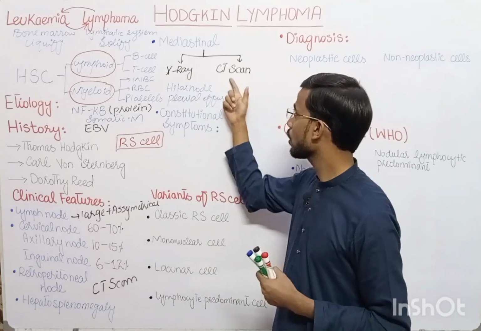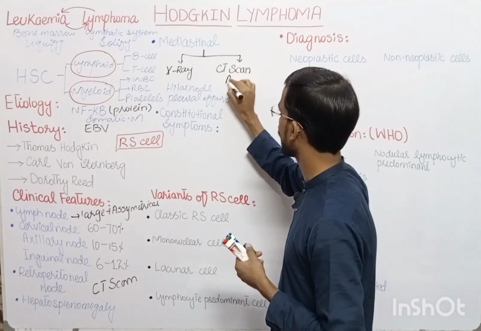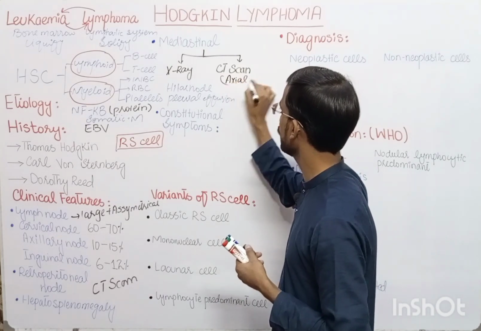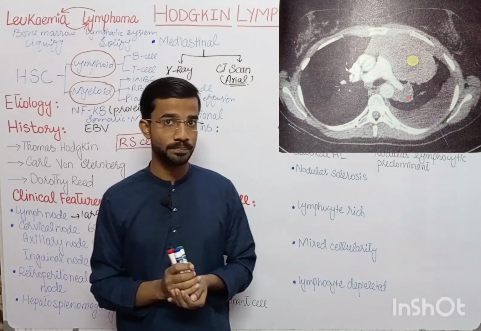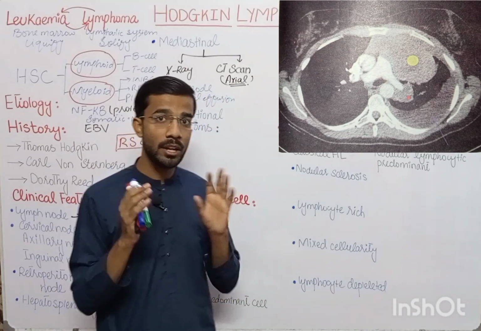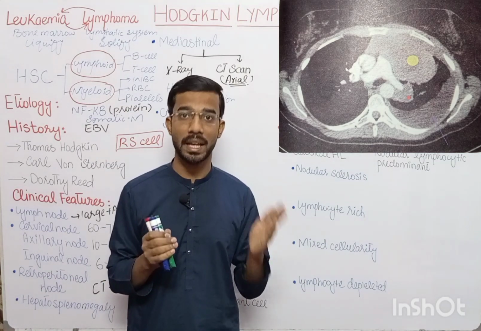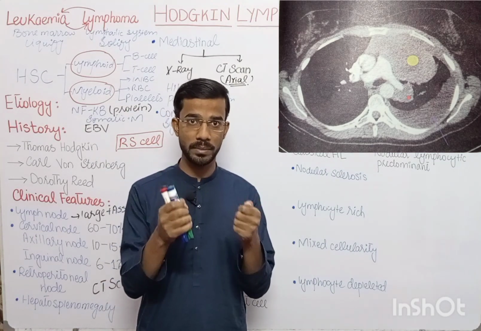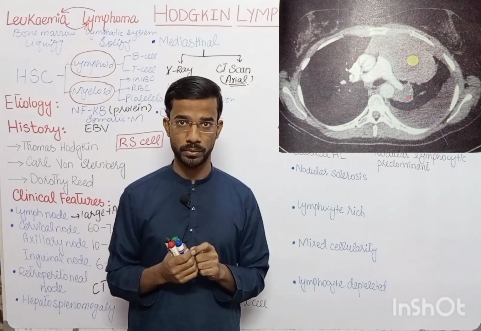Next, if we talk about CT scan, the axial view CT scan, you can easily see on the screen the yellow dot, which represents the enlargement of the mediastinal space in Hodgkin lymphoma.